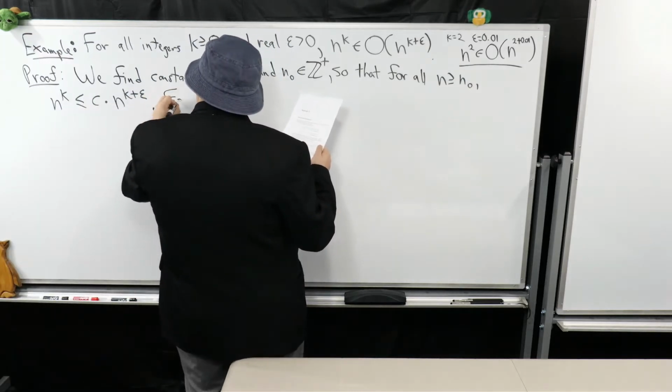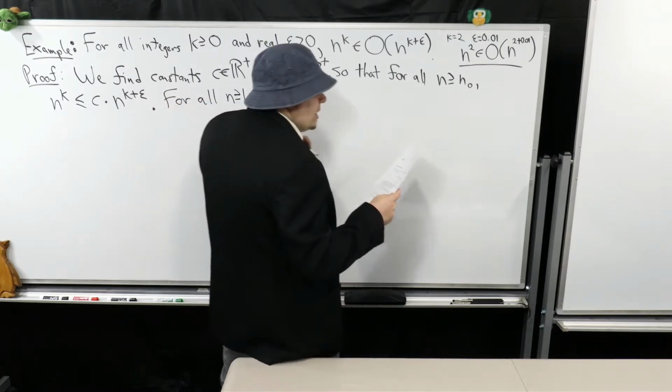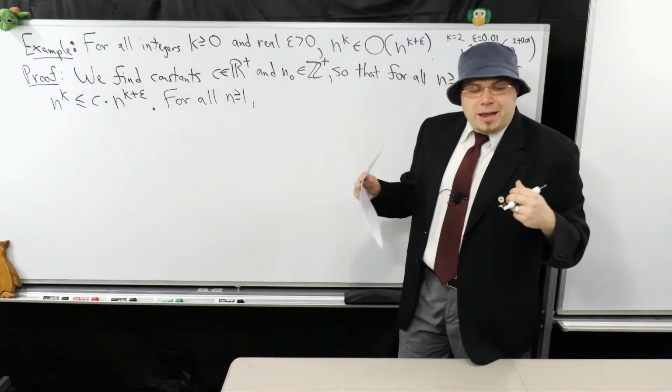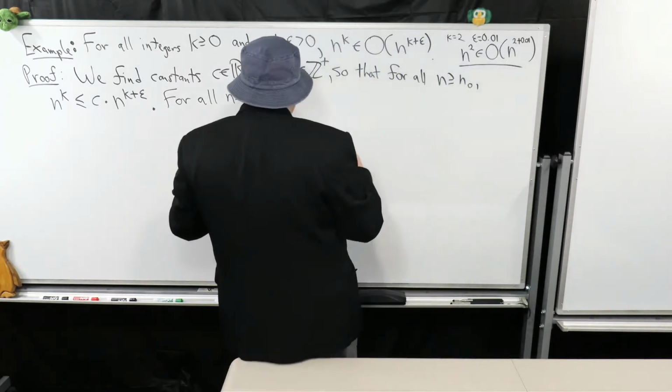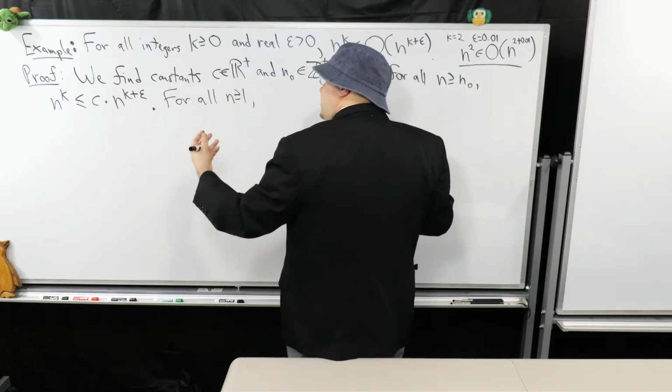So for all n greater or equal to 1, now it's very important when I write down things like for all n greater or equal to 1, I'm invoking a domain for which this statement is going to be true. It's important that we quantify what our statements mean so that we can derive n0 later.